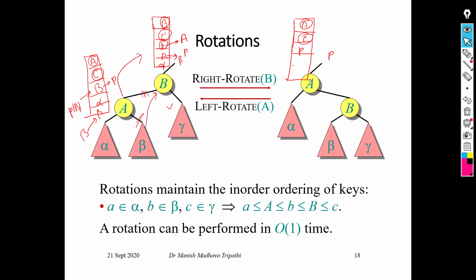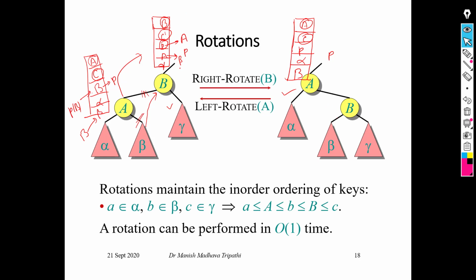The left child was unchanged, therefore alpha will remain the same, and at the place of beta, B is there. So we can see here that at the place of right child, B is there. So this holds good. What about B?